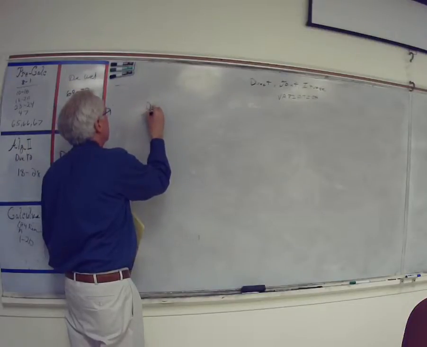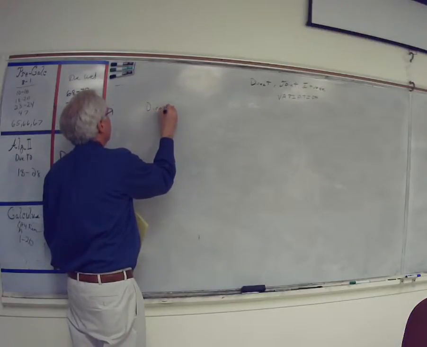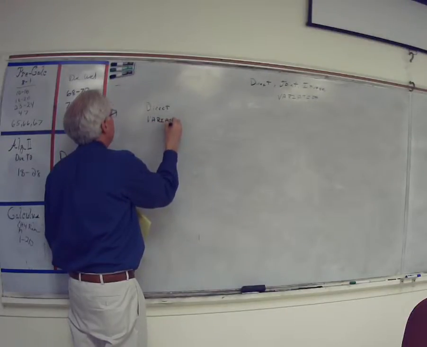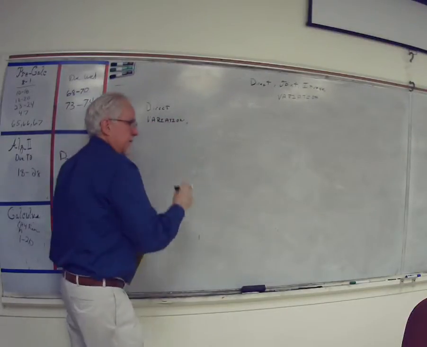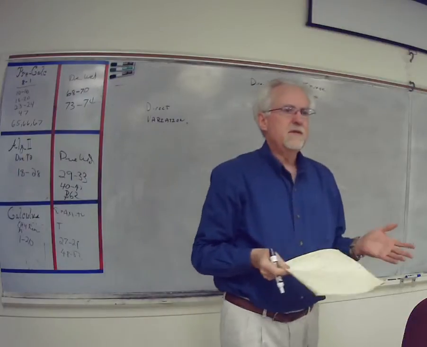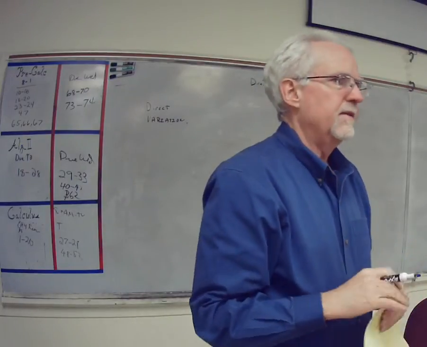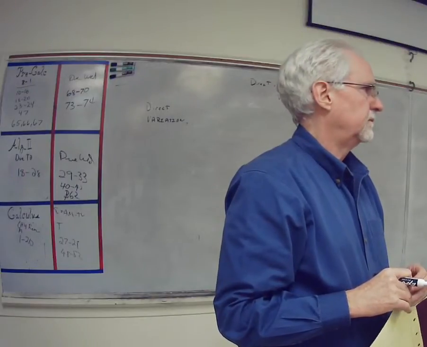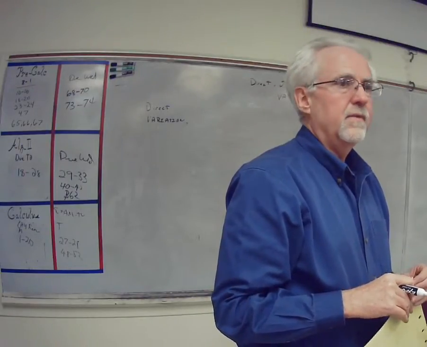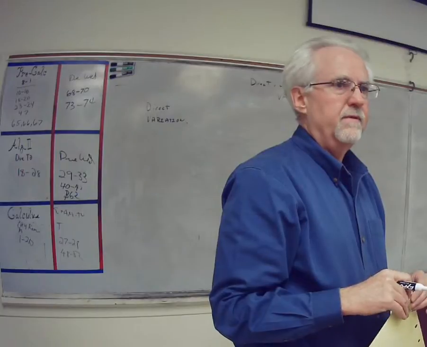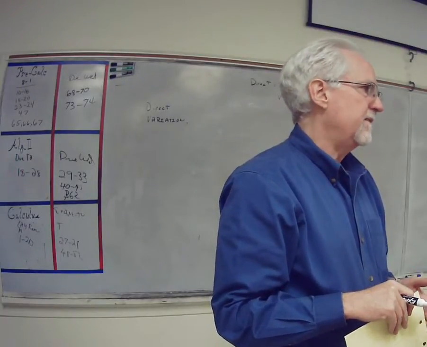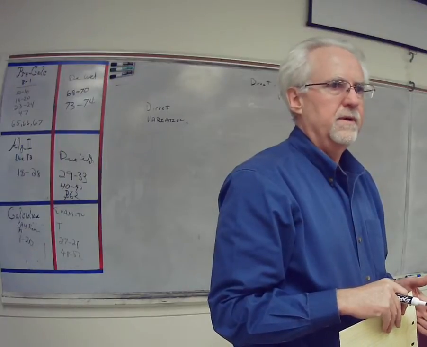So let's say direct variation. Okay, so let's think of how many students do we have in the class? 8. Okay, how many shoes do we have? 16. How about if we had half as many students, we would have what?